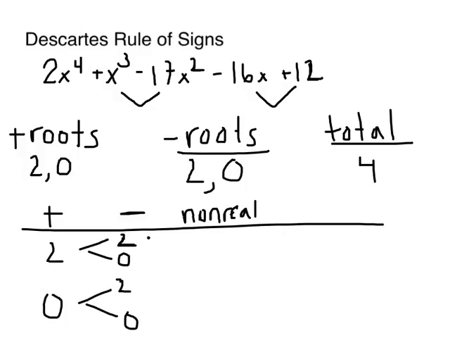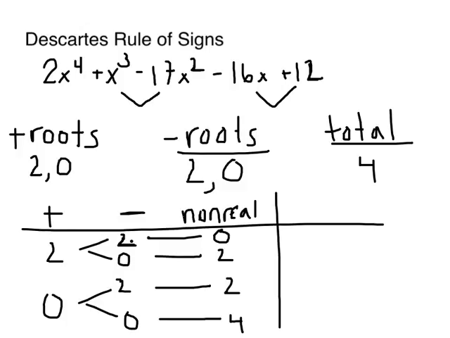Here, 2 plus 2 would be 0 non-real. 2 plus 0 would be 2 non-real. 0 plus 2 would be 2 non-real. 0 plus 0 means you would have 4 non-real. And if you find the total of that, every time you should add up to 4 roots.